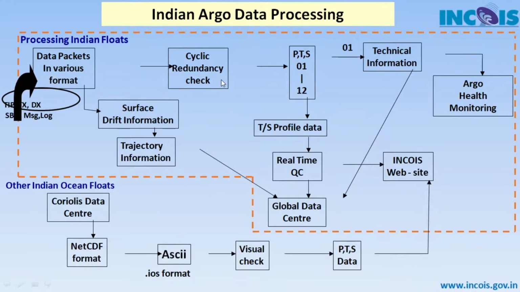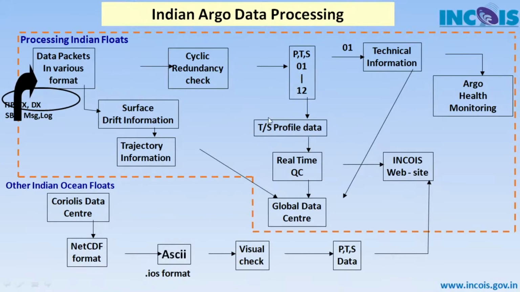Once the CRC is done, we get the raw data sets from 1 to 12 or 1 to 16, depending upon the number of records the float gives. From message packet 1, we get the technical information which can be used for monitoring the health of the floats, and the rest of the packets are used to get the profile information like temperature, salinity, and things like that.